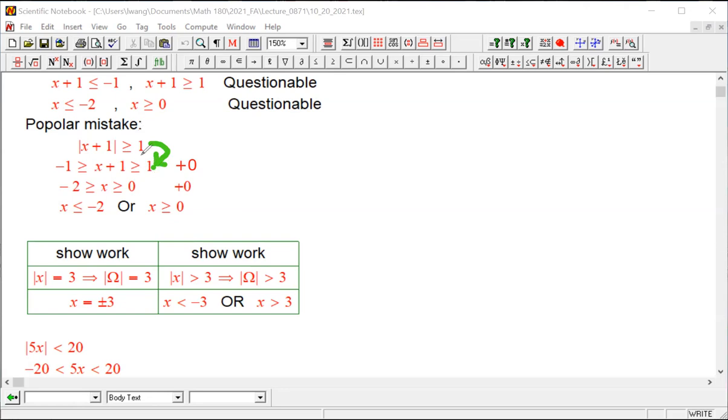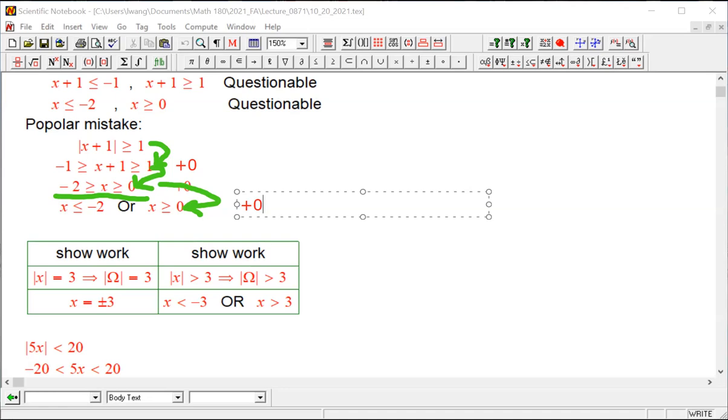So if-then here, that's wrong, plus 0. If-then from here, that's wrong, plus 0. And then the next step, I will be judging from here, do we get to be here? Plus 0.